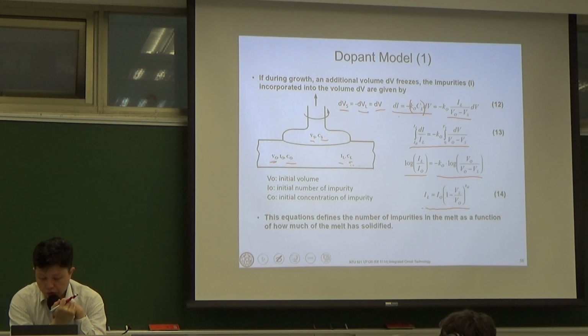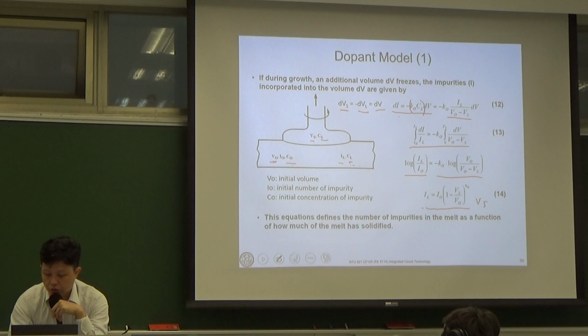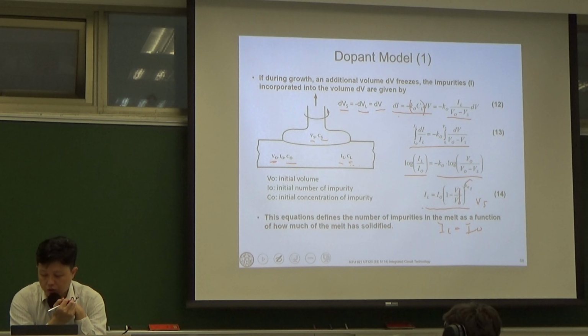From this equation, we can see that Vs is the volume that turned into solid. So in the beginning, Vs equals 0, so your IL will be equal to your I0, no matter what the value of K0 is.